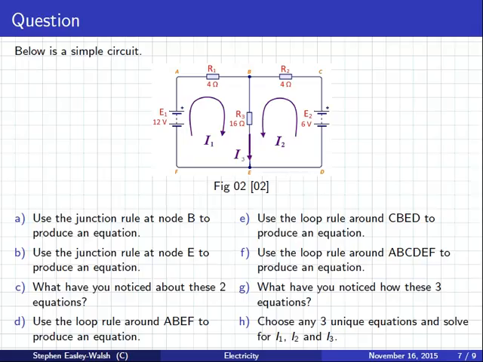Okay. Sohi, I want you to make a loop that goes around the outside. Where do you want to start? Alright, start at 12. 12 minus 4I1.